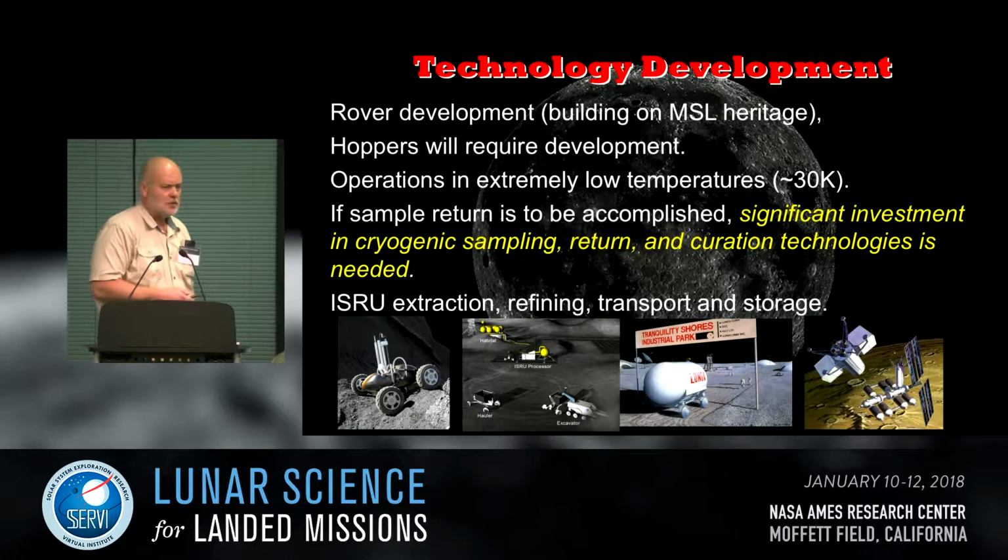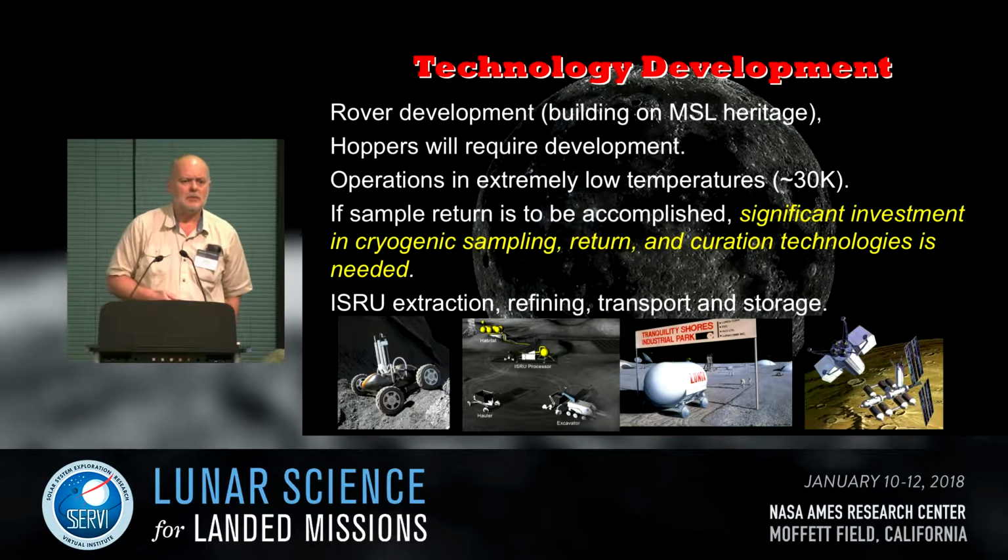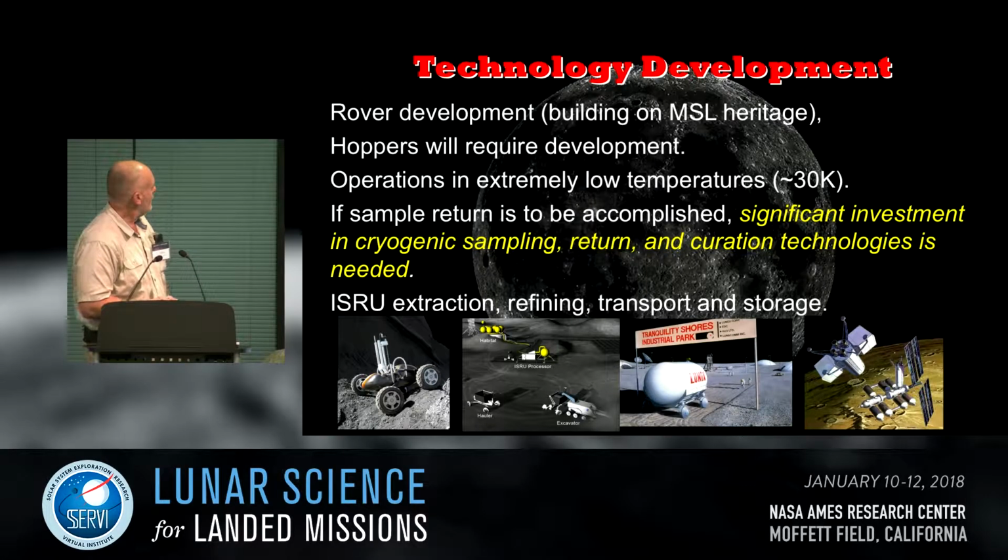So technology development is going to be required to do this. Again, we've got rovers, we can build a rover, but remember what it's got to survive in. And that is something that does require some thought.